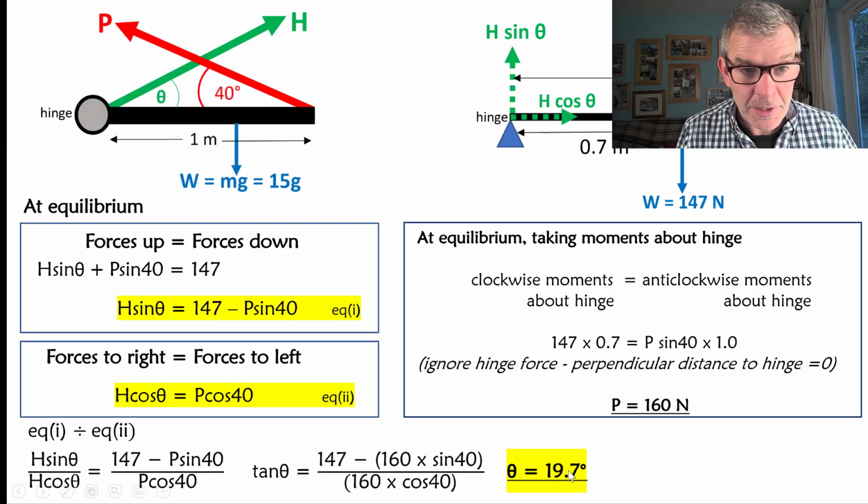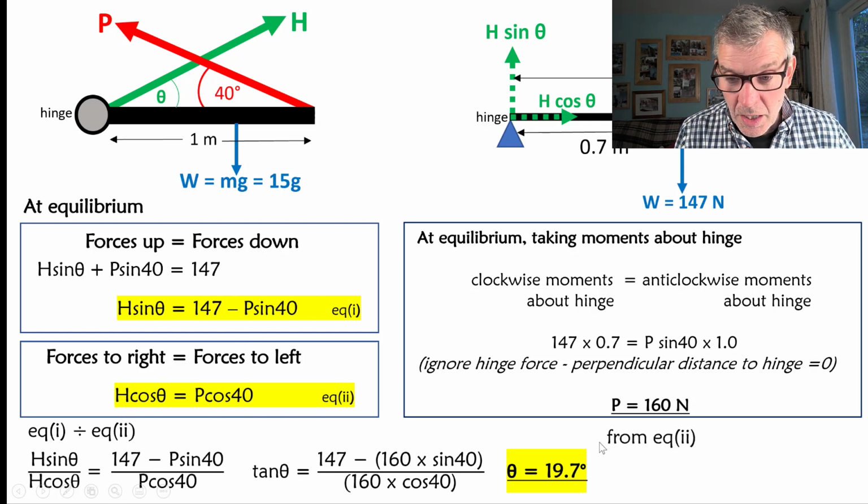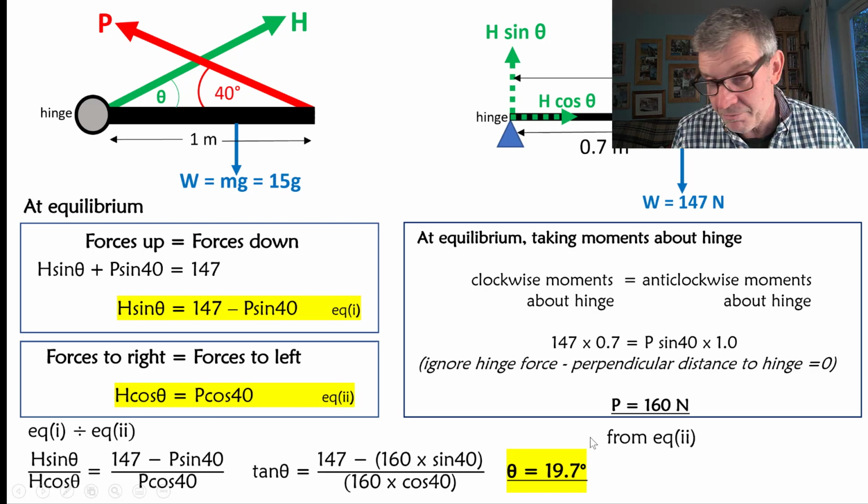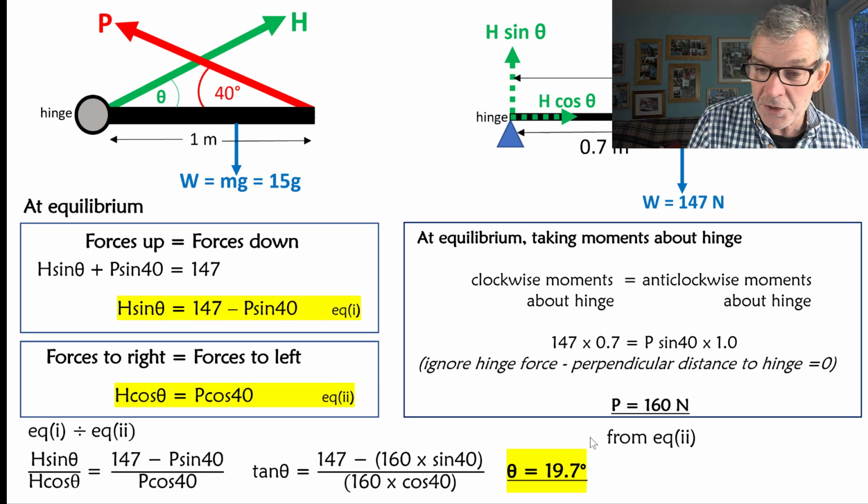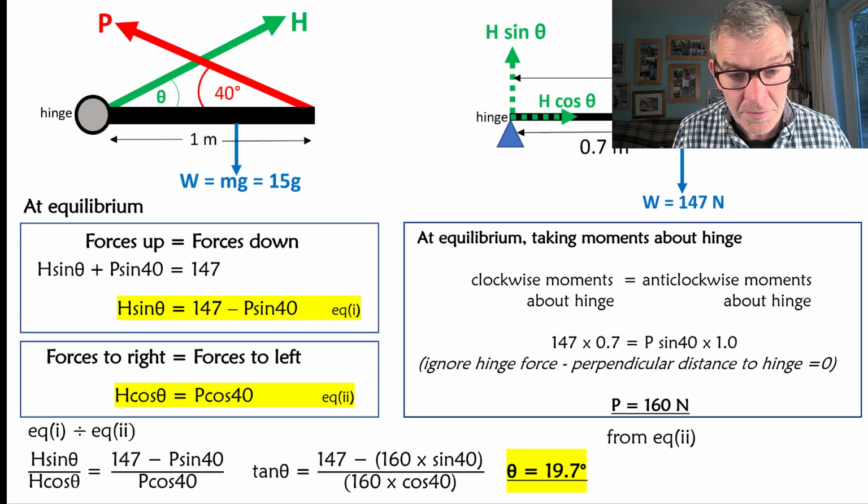Now, we haven't finished, because we've got to work out the size of the H force. Because we now know the angle theta and we know our P force, we can substitute into any one of these equations to work out H. So let's take equation 2. We could take equation 1, but I'm taking equation 2 for no particular reason.